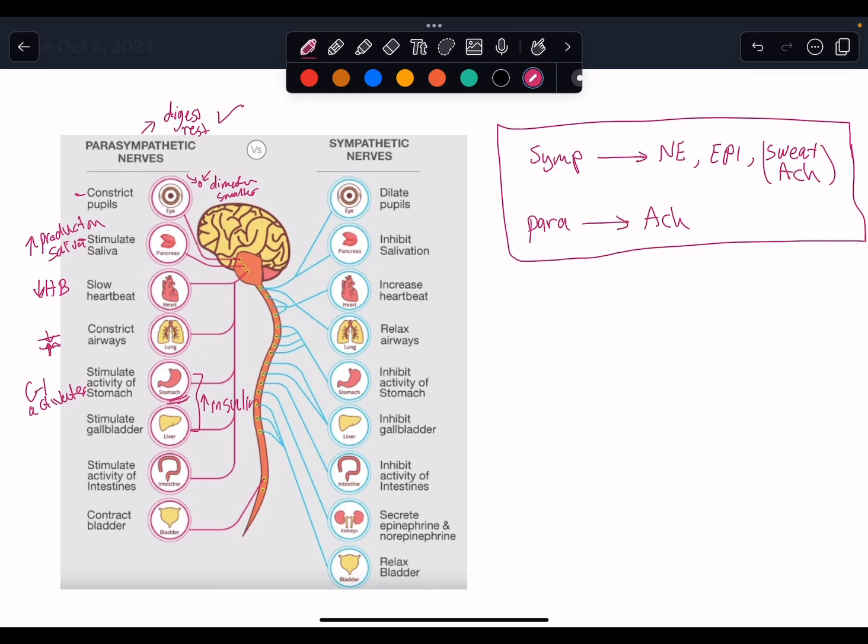Because when you digest and rest, everything you eat, for example, eating carbohydrates, or also you are breaking down the fat, so lipolysis. Those two types of digestion or breakdown will make it glucose. When you make glucose, your insulin will be increased.